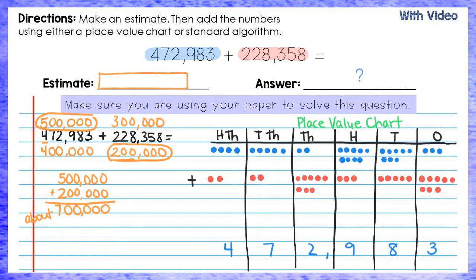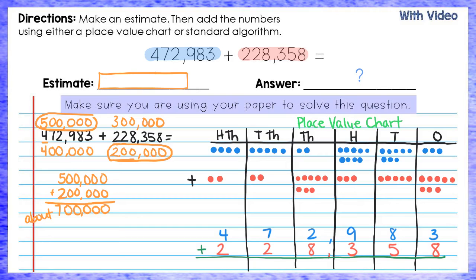And as I'm writing that in, I'm checking that I have the same number here as well as in my problem. And then I'm going to add this number to it, 228,358. Now I'm going to add them together.